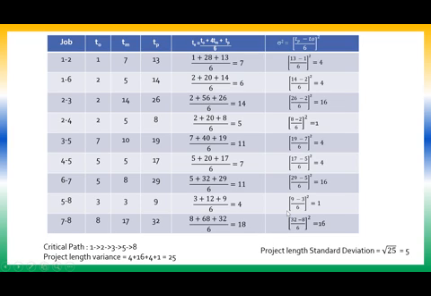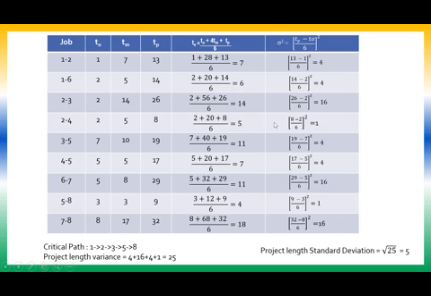Now the project length variance has to be computed. So what is the project length variance? It is the sum of the variances of the activities on the critical path. The critical path is 1 to 2, 2 to 3, 3 to 5, 5 to 8. So 1 to 2, what is the variance? 4.